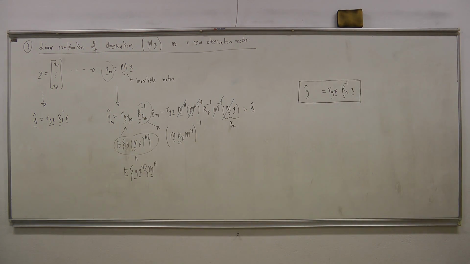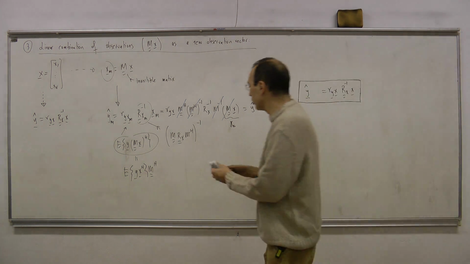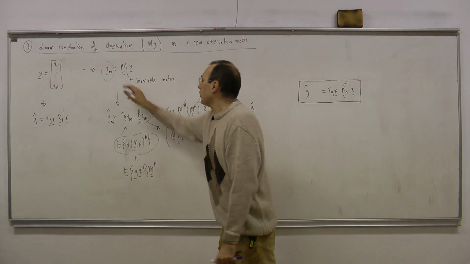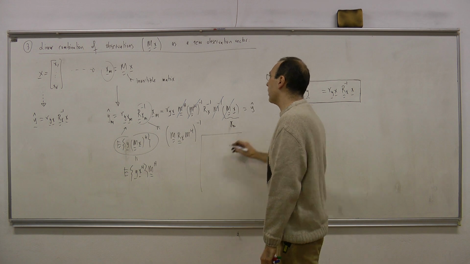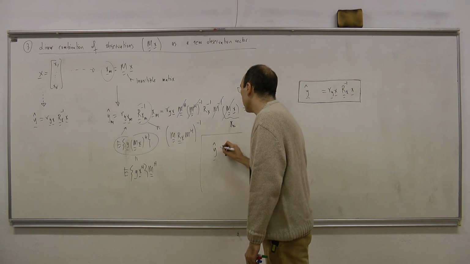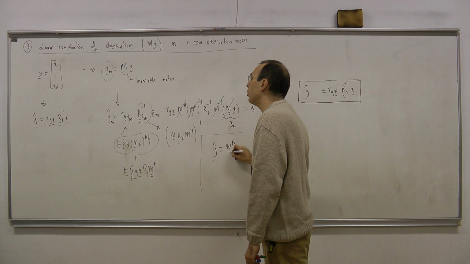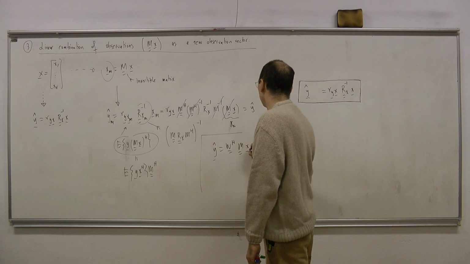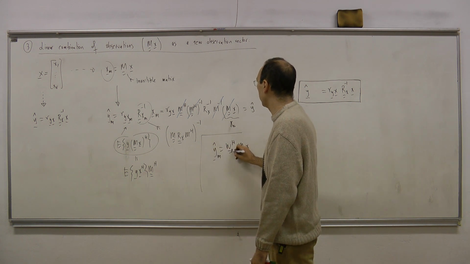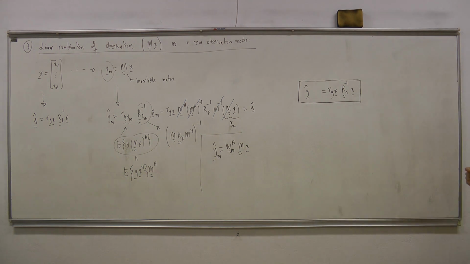And indeed, this is not surprising, as I have said. The reason is this: y hat is nothing but Wm Hermitian times M times x, where Wm is calculated like that.